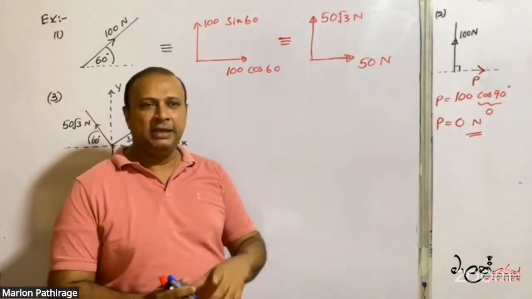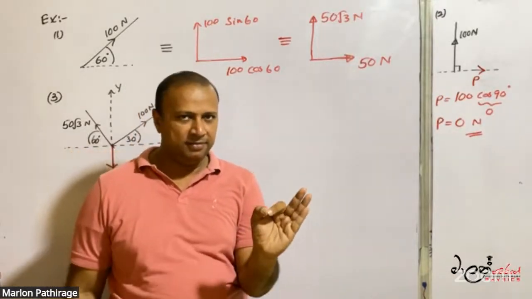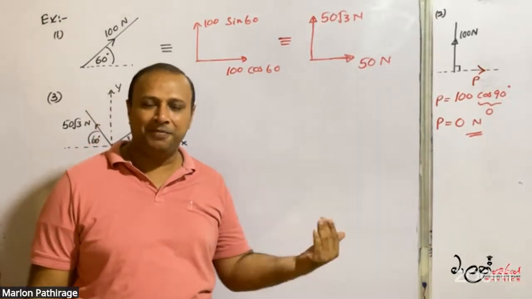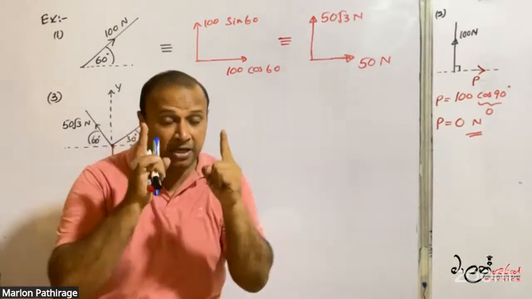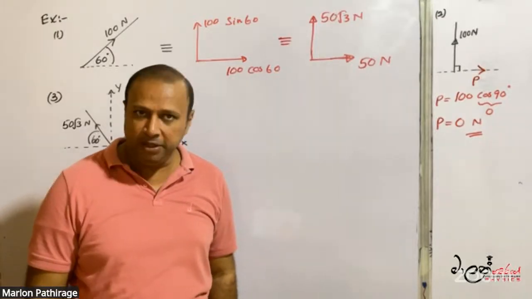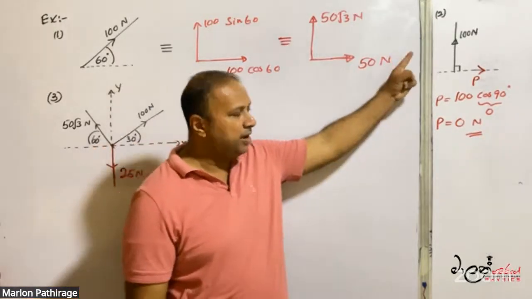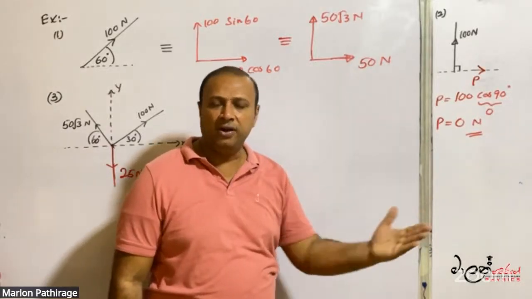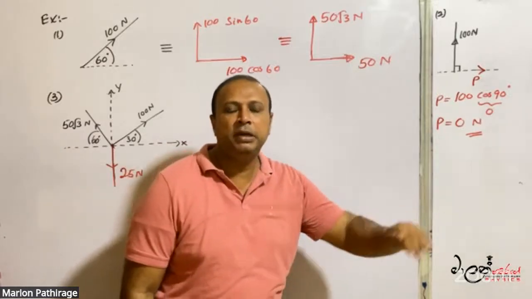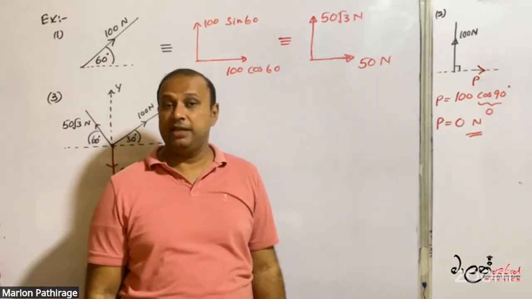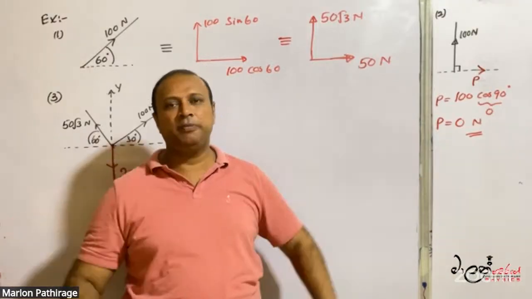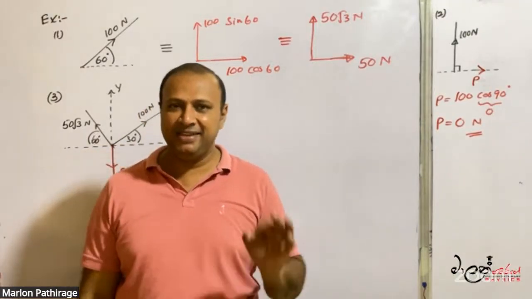That means if any vector is resolved into a perpendicular direction, that component will be 0. The meaning of that is that any vector does not influence its perpendicular direction. Is that clear?